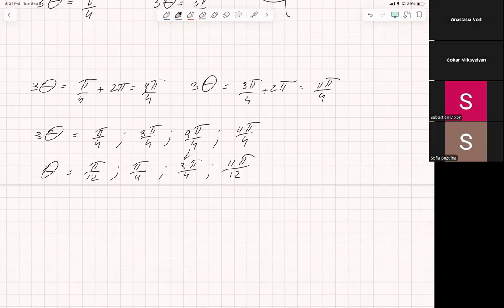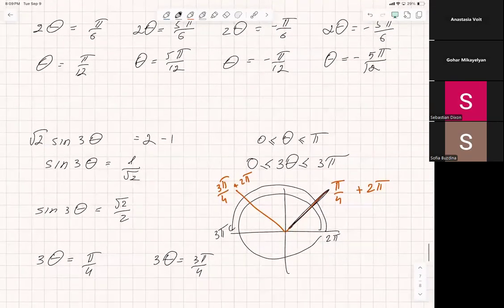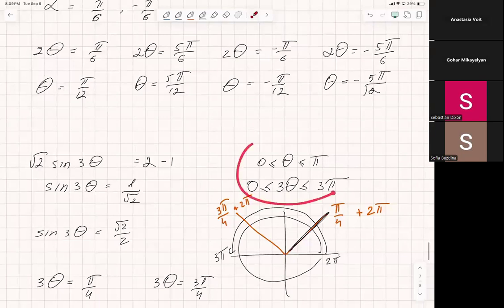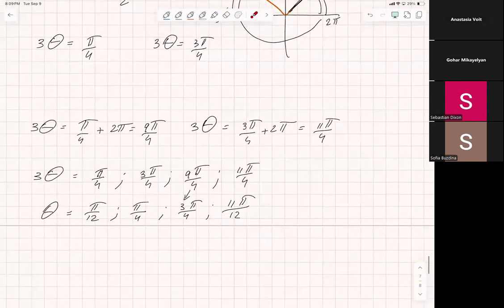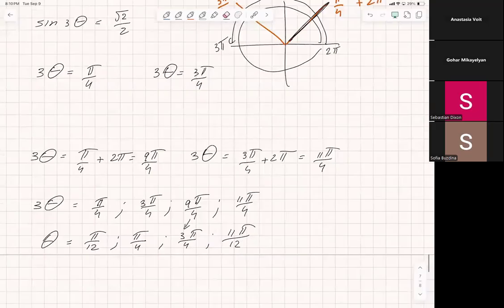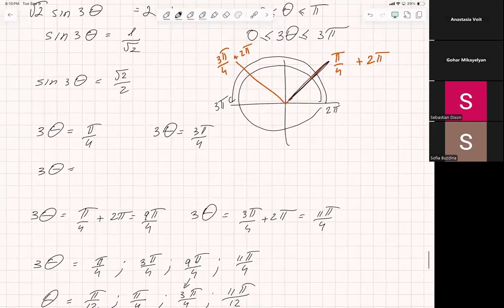All right, beautiful. And if you're not given any restrictions on your domain, like in this case, right, you can just write it in general. So you'll have 3 theta equals, so when is your sine positive here? So it's at pi over 4 and 3 pi over 4.